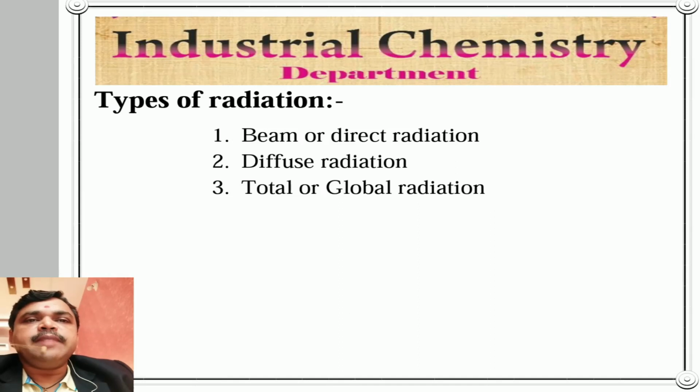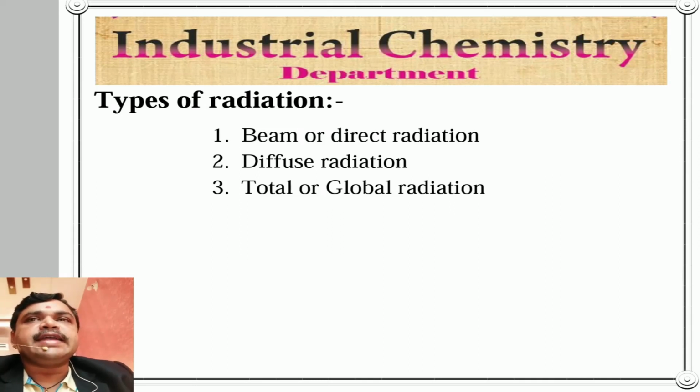Now, the types of radiation. In this topic, we are studying three types of radiation. Number one is beam or direct radiation. Number two is diffuse radiation. And number three is total or global radiation. We see them one by one.